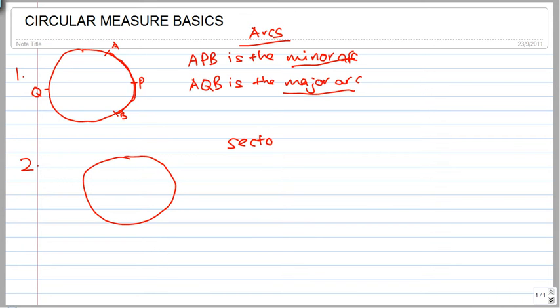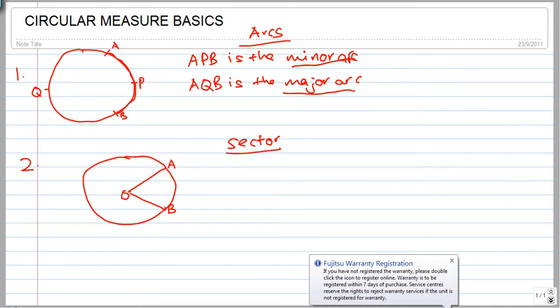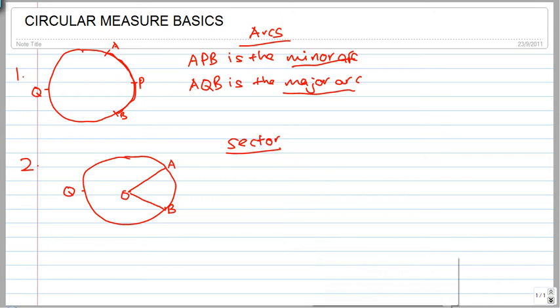So sector, if this is O and this is A and this is B, this is O, and this is Q, and same thing, this is P. Now if we are talking about sector, we are talking about area.